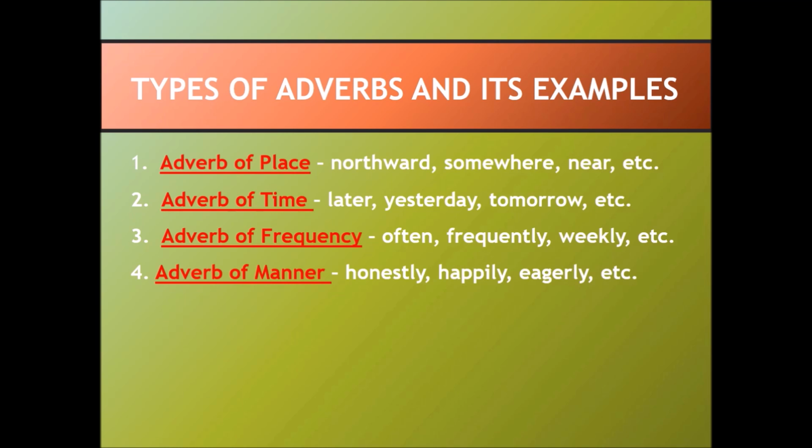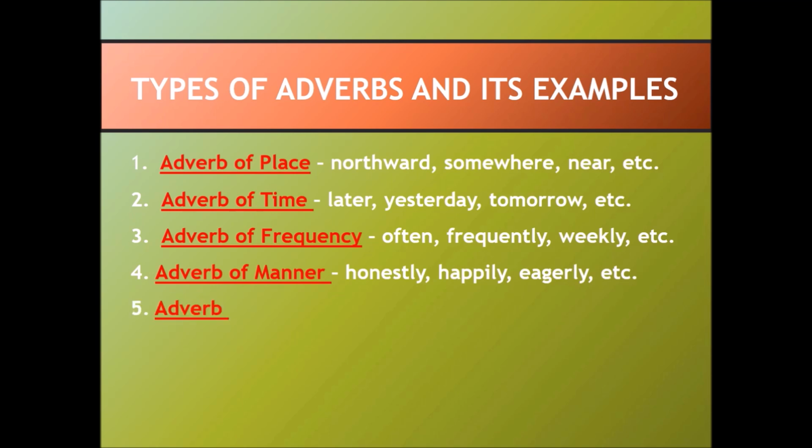In this fourth group, you will notice that the adjective honest has been added with ly to make it an adverb. Same with happy, this becomes happily, and eager, an adjective, becomes eagerly to make it an adverb of manner.